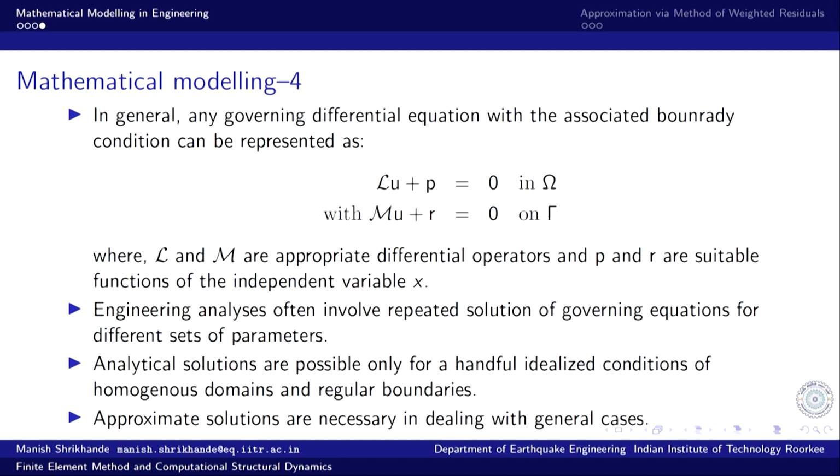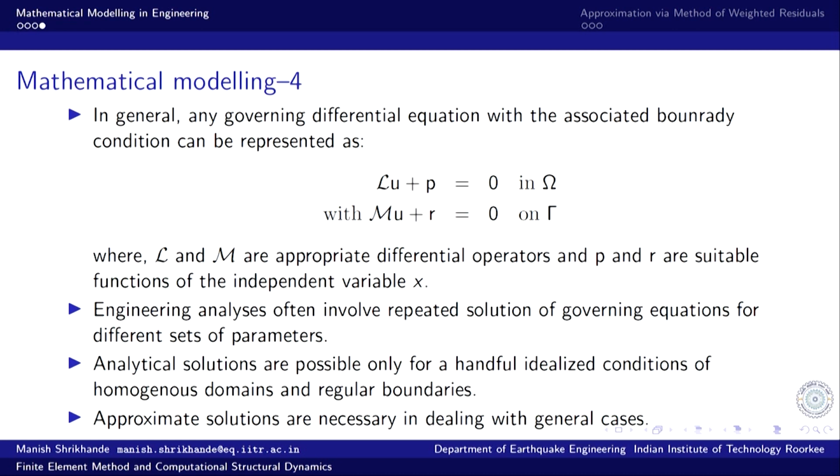So, if I substitute the approximate solution u hat in place of u, then it will not hold all over the domain. There will be an error because it is an approximate solution. So, this governing differential equation may not be satisfied exactly. Similarly, the boundary conditions may not be satisfied exactly on all the boundaries.